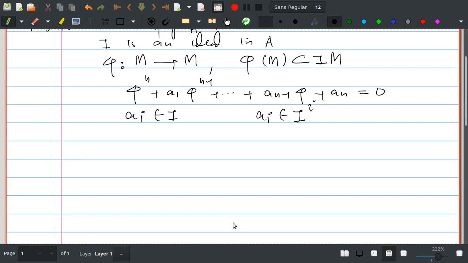Now we have an important corollary to this lemma, which is like this.